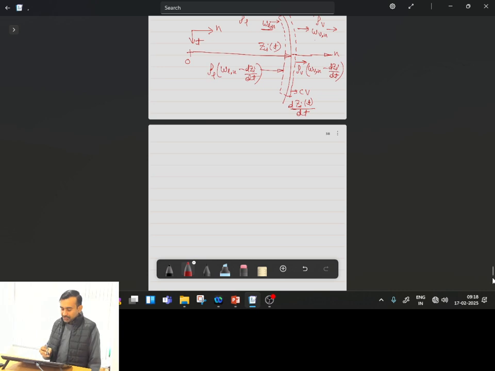Now let us make one assumption that the interfacial control volume does not have any mass change with time.